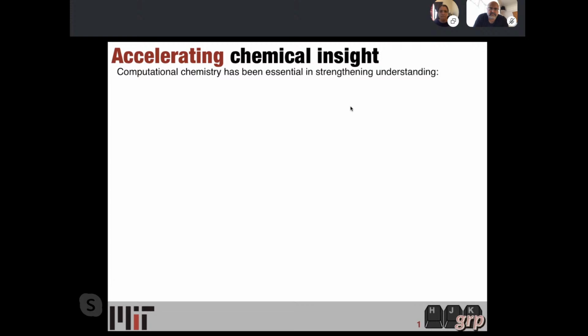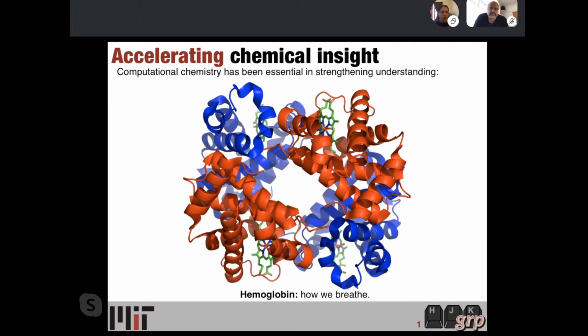Now, if you had asked me what I thought I would be talking about 5 years on in my independent career, it would be things like the protein hemoglobin, which is part of why we breathe triplet oxygen. Hemoglobin has this kind of cartoon structure, and inside hemoglobin is something called a heme, which is closer to what I'll be talking about today.